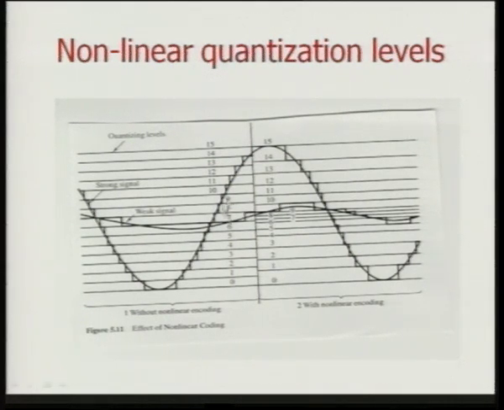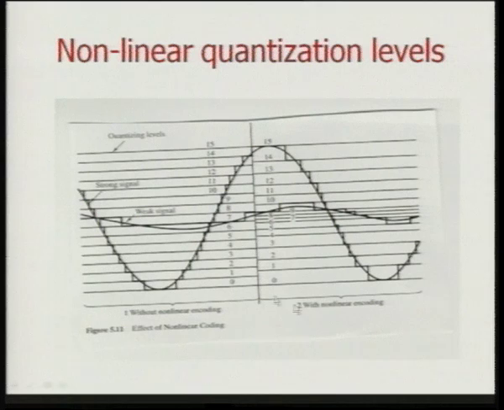On the left side, they are all of equal levels, so I have 5 here, 6 here, 7 here, 8 here and 9 here, whereas here you will see that between 5 and 10 you have finer levels of quantization. So, even when I have a weak signal, because I have finer levels of quantization at these levels, I will be able to represent it better and the quantization noise that I get will be reduced. This is one of the advantages of doing non-linear quantization.